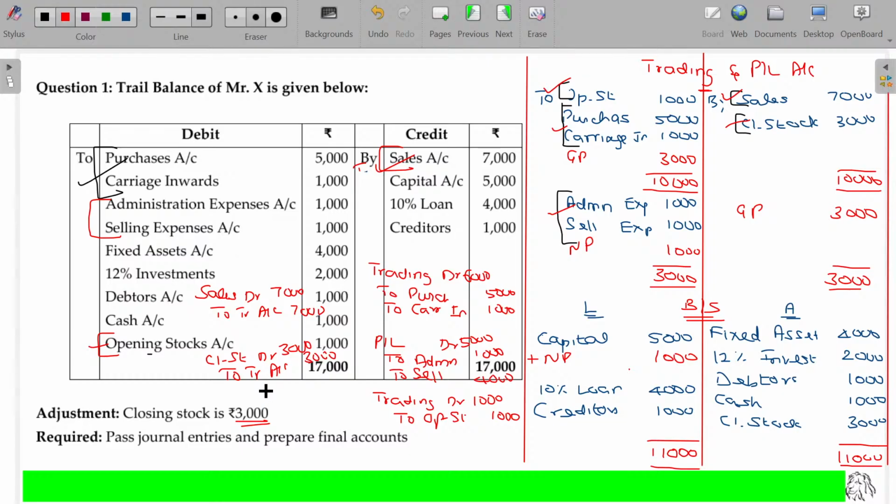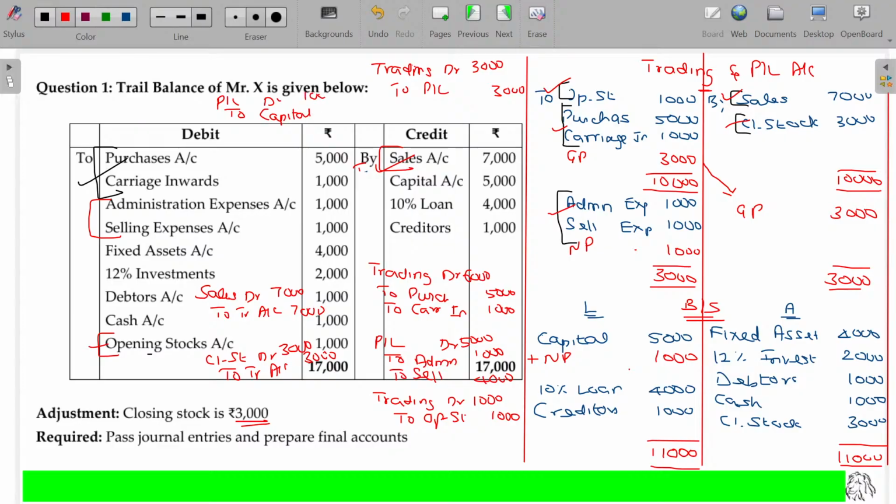And of course, for the GP, you can pass a journal entry. What is journal entry for the GP? Trading account debit to P&L account. That's how you can pass the entry for this 3,000. Now, what is the journal entry for the net profit? P&L account debit to capital account.